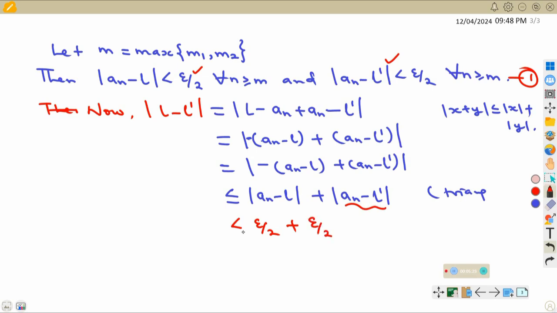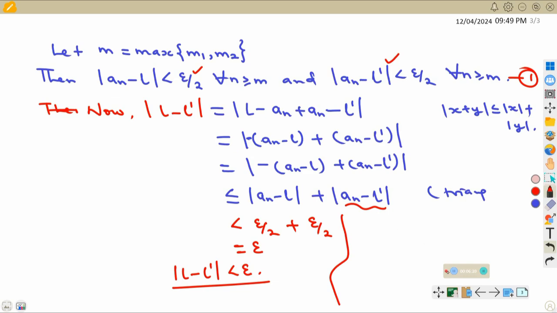So the overall sign here will be a less than sign. Clearly we shall obtain epsilon. Now from there we have the magnitude of L minus L prime less than epsilon. So this is the expression we shall obtain.